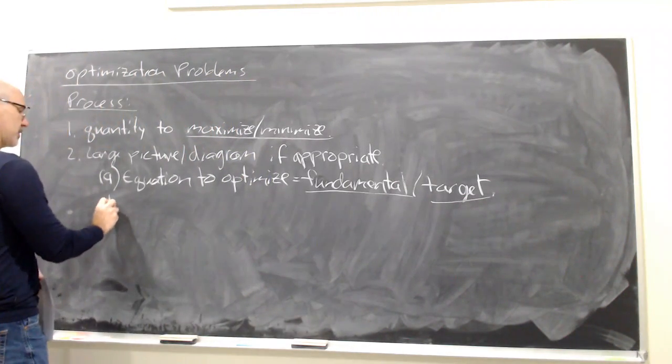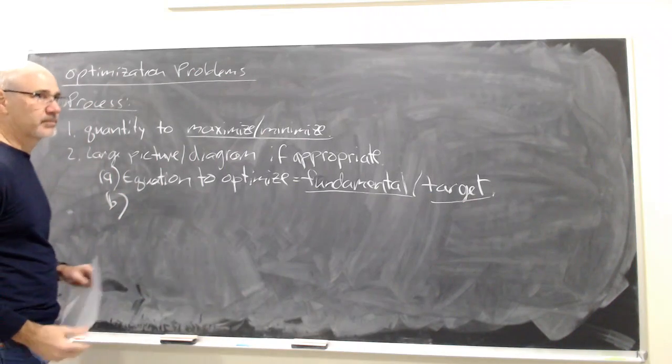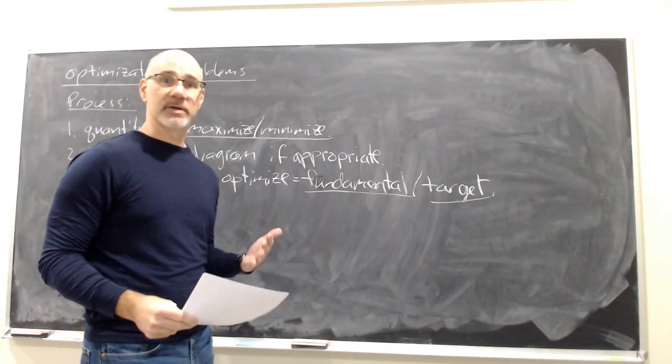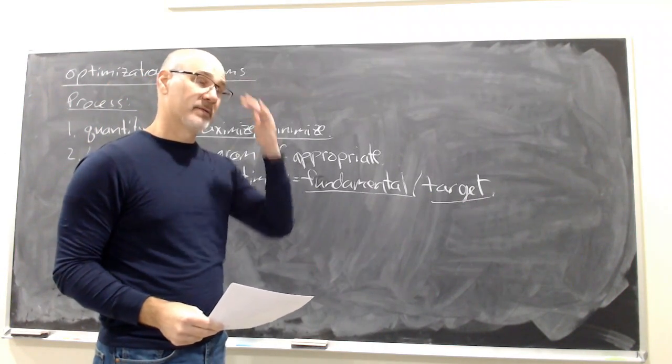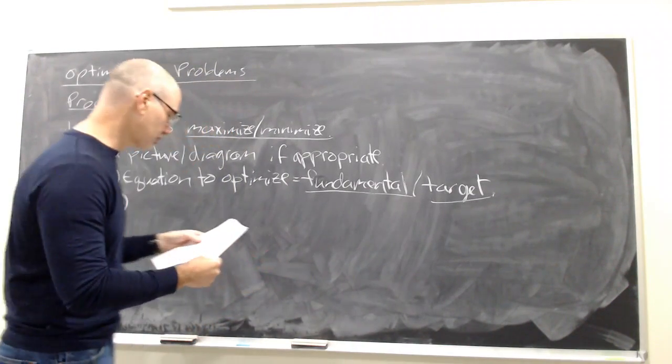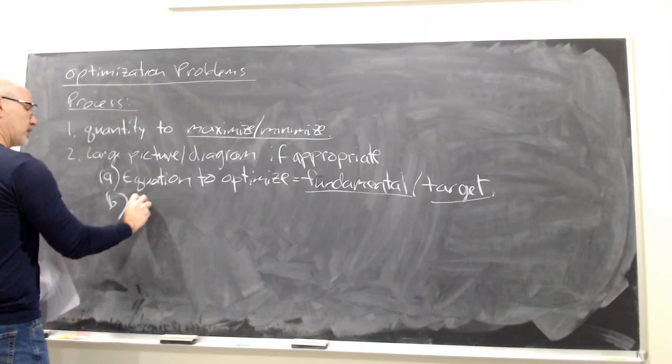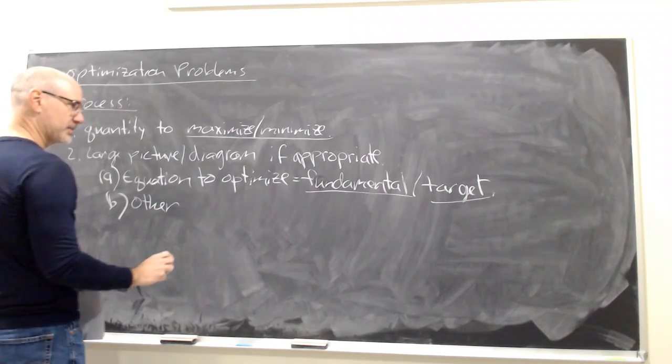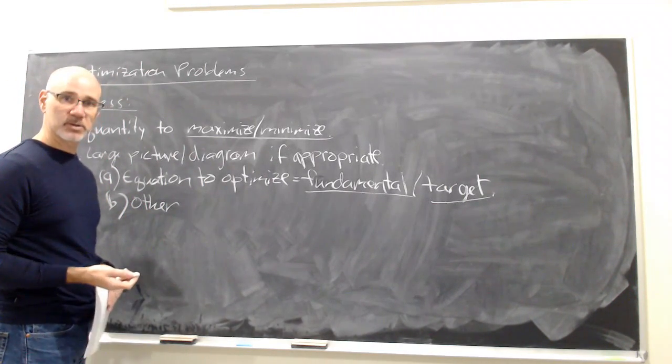But then there will be other information in the problem that relates the variables together. And these other equations are generally called constraints. Right, so we have the equation to be optimized. That's the fundamental or target equation.